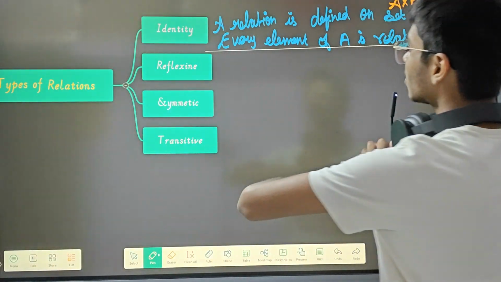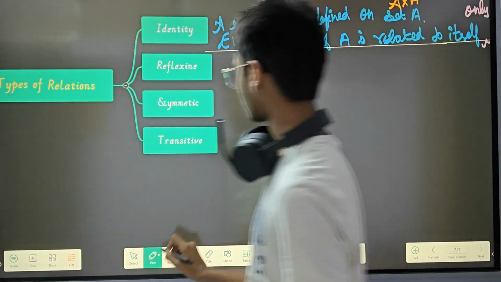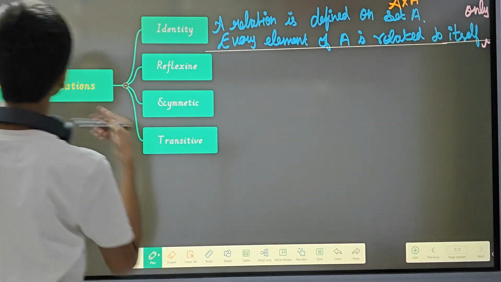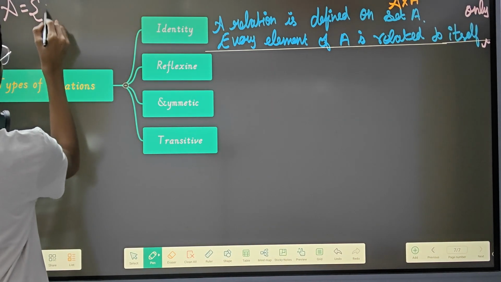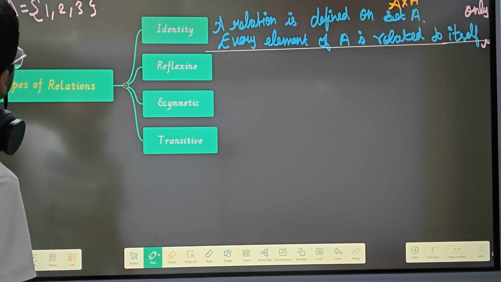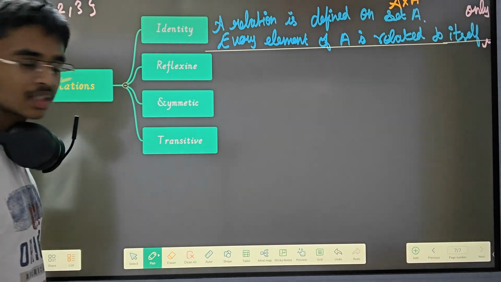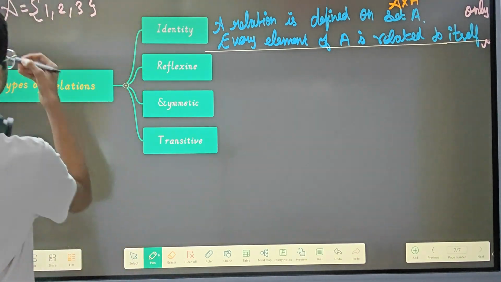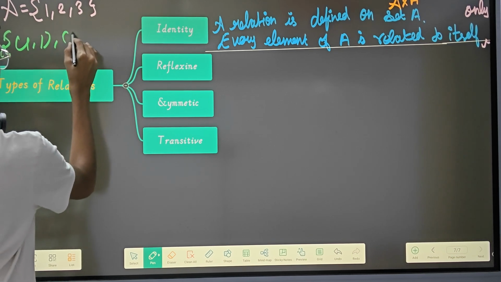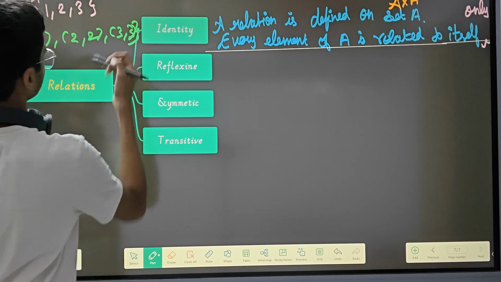So what is an identity relation actually? It's very simple. For example, let A be {1, 2, 3}. Now the identity relation for this A is going to be {(1,1), (2,2), (3,3)}.